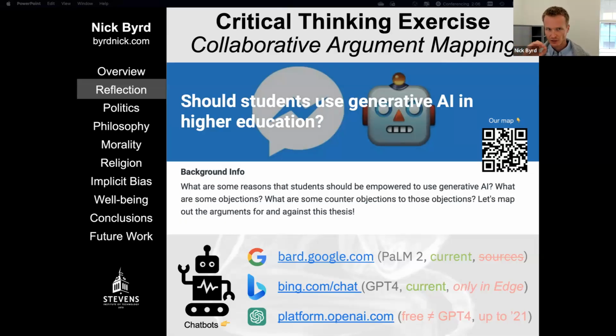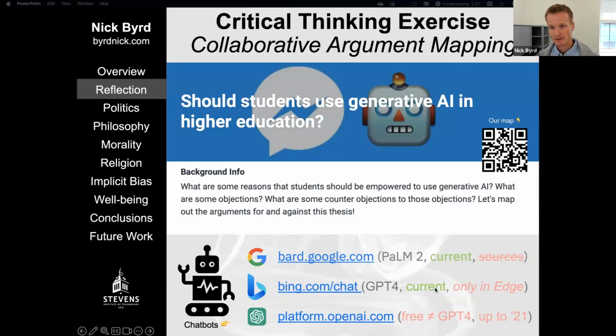They function in very similar ways in the abstract, but they are different models, and so they perform differently. Both Bard and Bing are trained on data basically up to the present for the most part. One downside to Bard that I alluded to earlier in the talk is that it doesn't seem to cite its sources, at least not reliably.